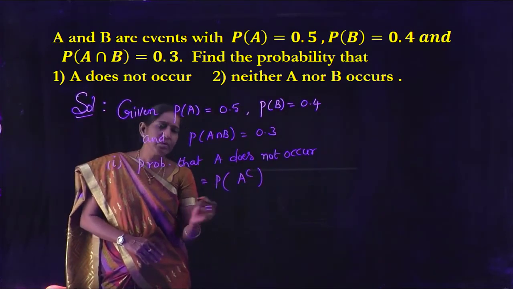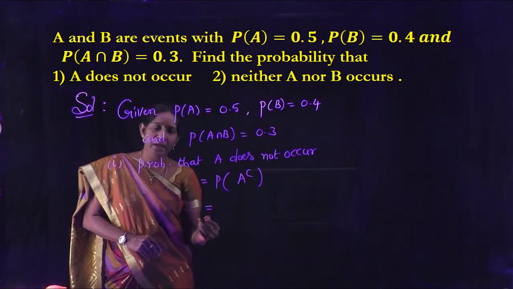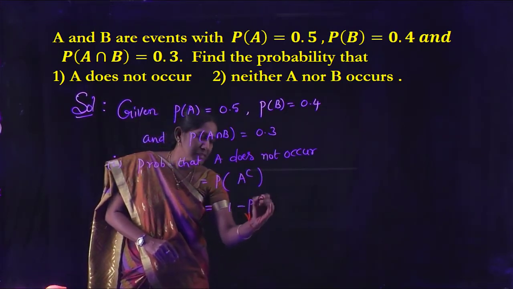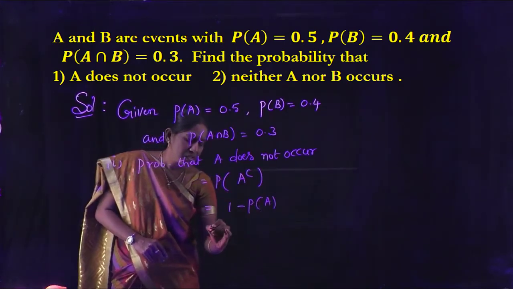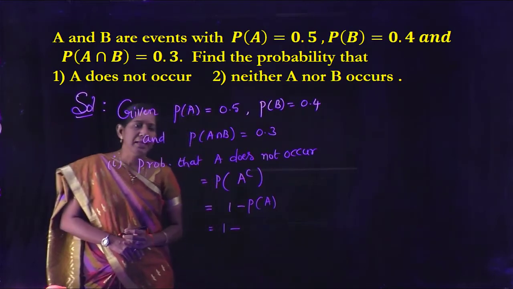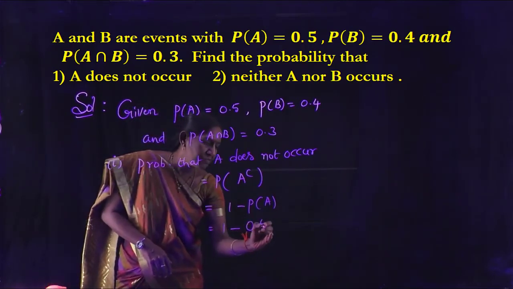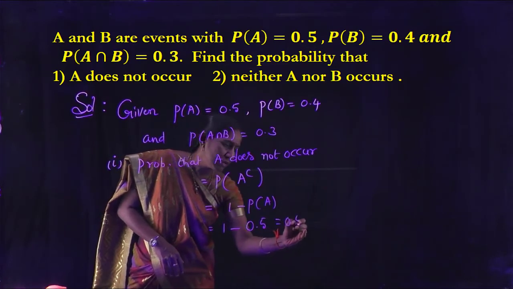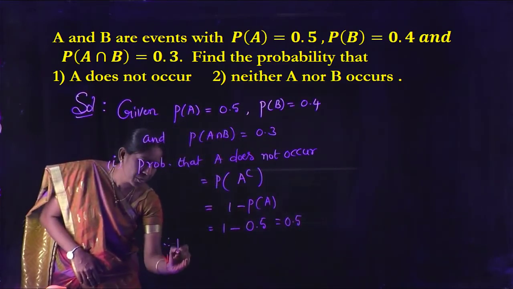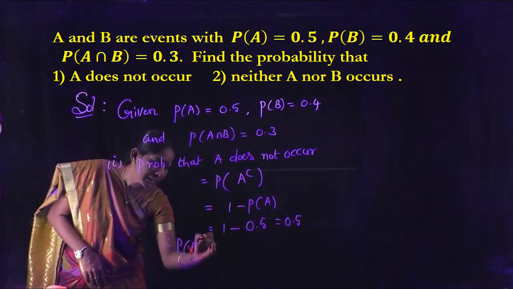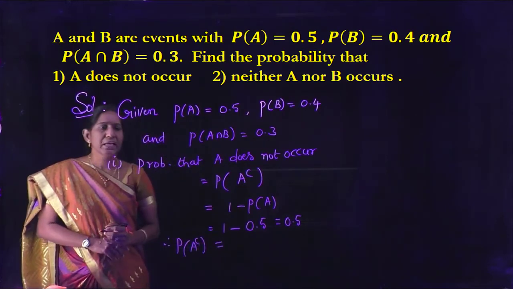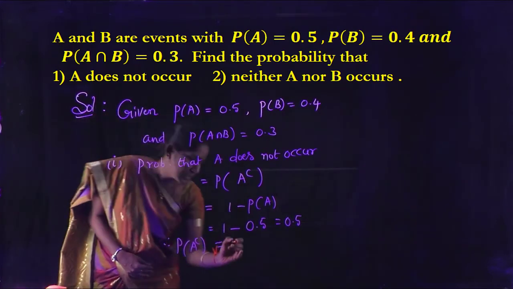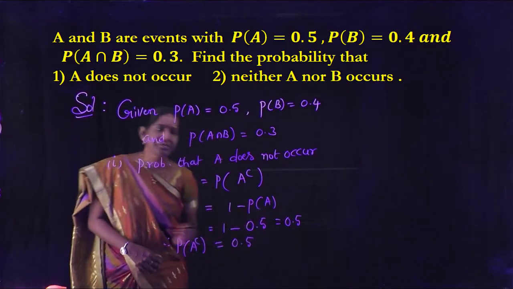Then we already have P of A complement is 1 minus P of A. So this equals 1 minus 0.5, therefore it equals 0.5. Therefore, the probability that A does not occur, P of A complement, is equal to 0.5.